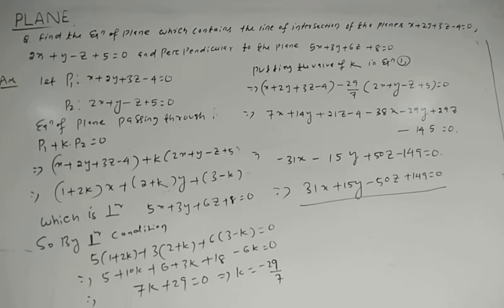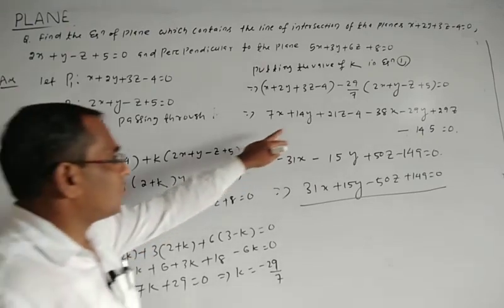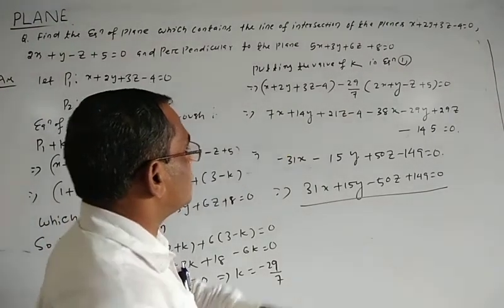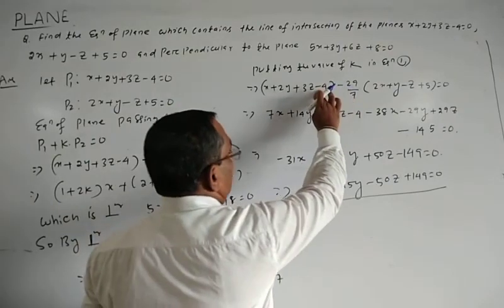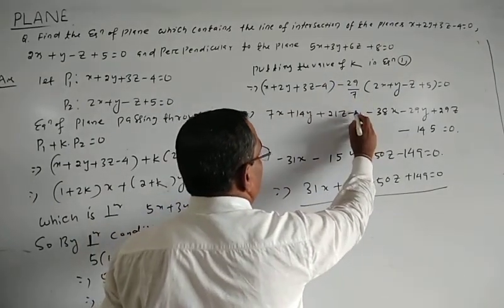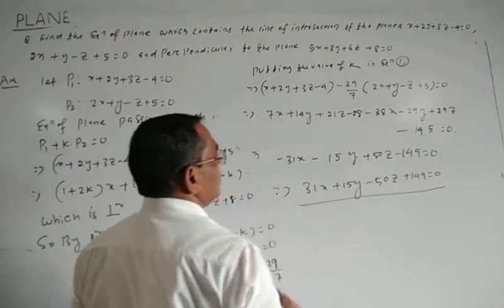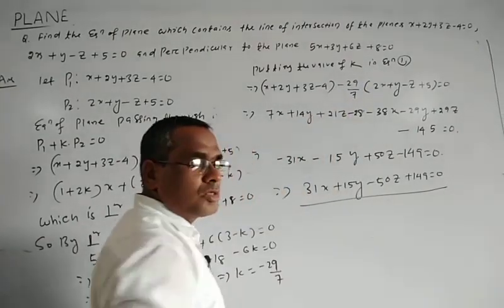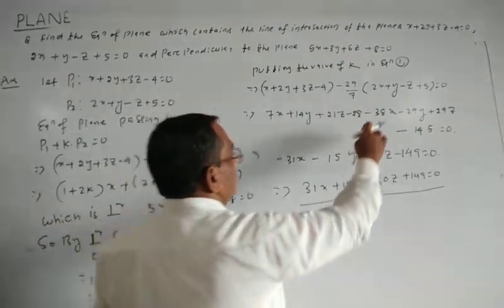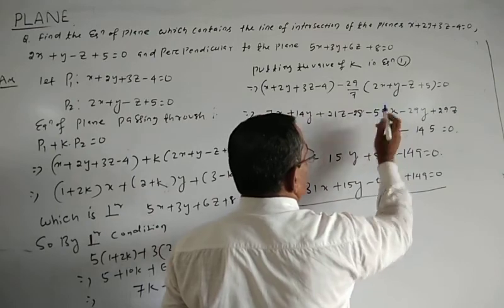there is a mistake in the multiplication. This is equal to 7x plus 14y plus 21z, and multiplying minus 4 into 7 is equal to minus 28. Here minus 29 into 2 is 58, not 38. This is minus 58x.